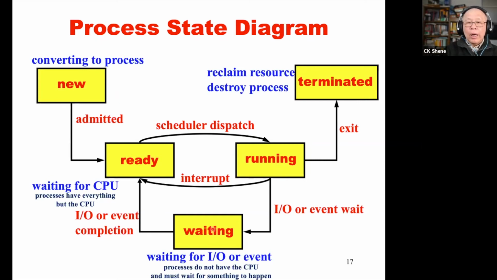So a process in the waiting state is missing at least two things: the CPU and that event. When that event occurs, say the information required by the previously running process is actually delivered, then this process has no event to wait for. And what does it miss?